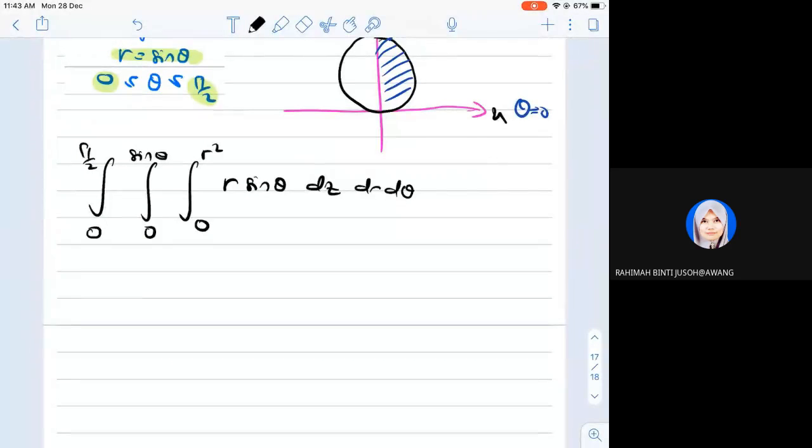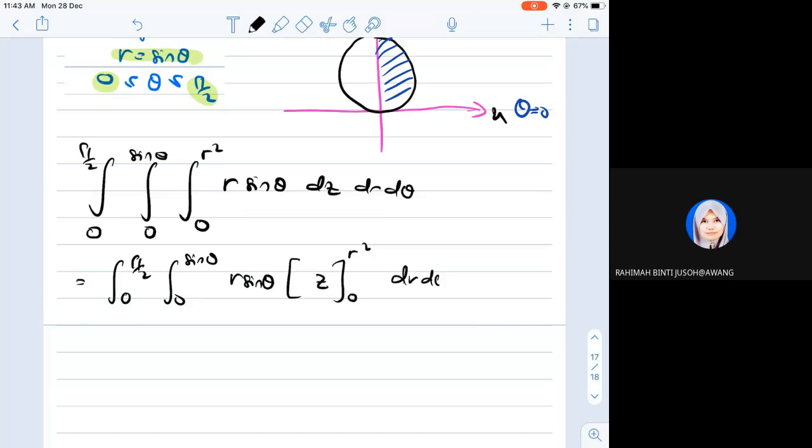Okay, so we can proceed this. 0 until pi over 2, 0 until sin theta, R sin theta dz dr d theta. So R, dia tak ada z kan? So equivalent to 1. R sin theta can be taken out because it's just a constant. So integrate 1 with respect to z, we get z lah. Substitute 0 until r squared. So dr d theta.